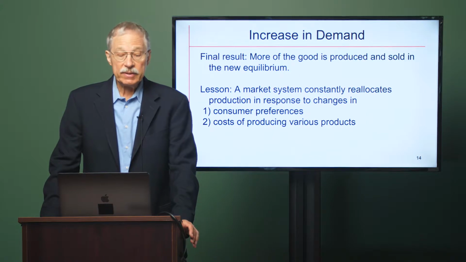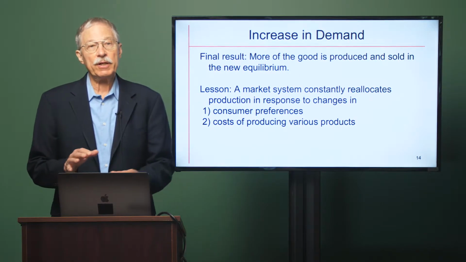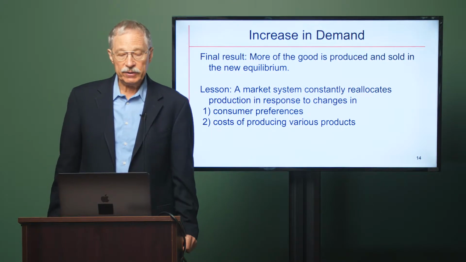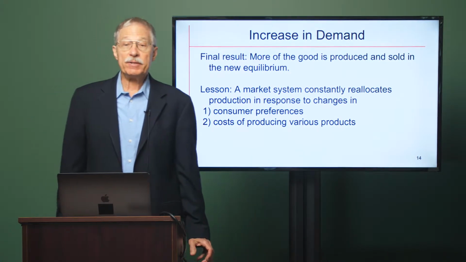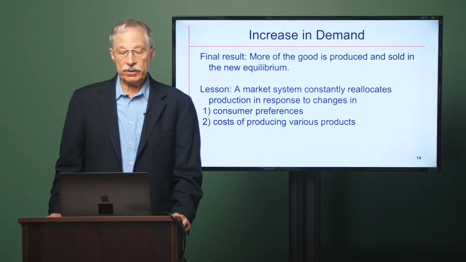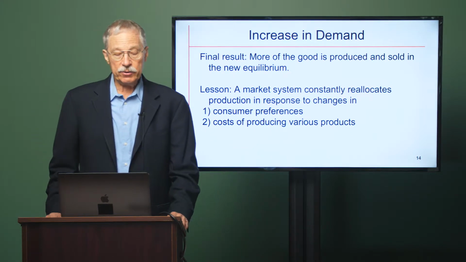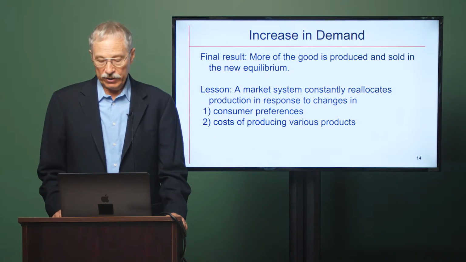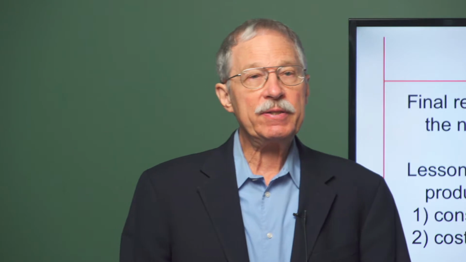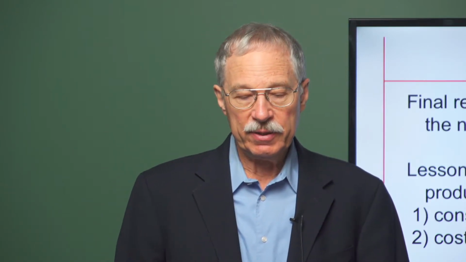The lesson of this is that a market system constantly reallocates production. It shifts production around in response to changes in what consumers want, consumer preferences, and also, although I haven't given you an example, in response to the costs of producing various products. There is a famous metaphor that has been used for this process, that of the invisible hand.